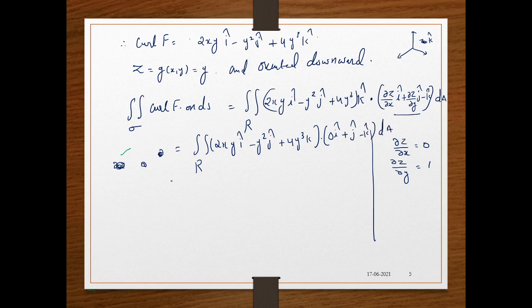Now tell me what is the dot product. 2xy times 0 is 0, minus y squared times 1, that is minus y squared, and 4y cubed times minus 1, that is minus 4y cubed. Is it correct?